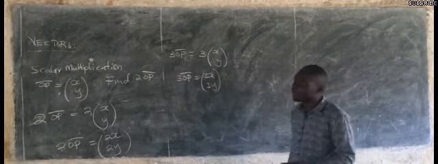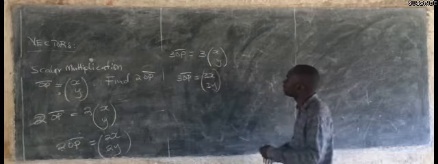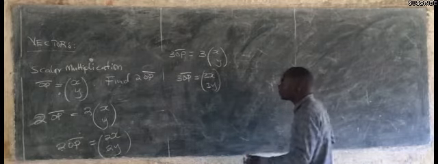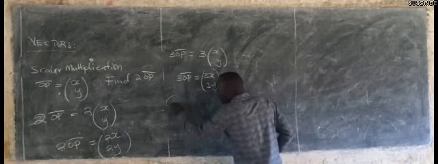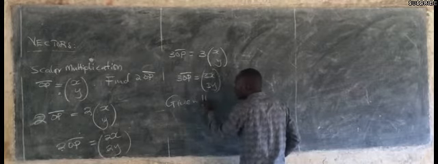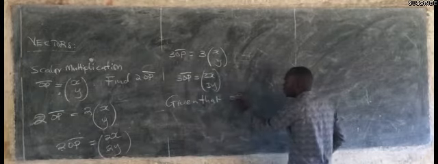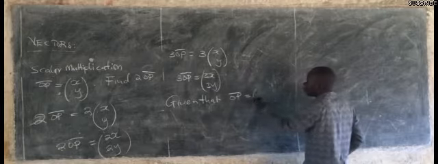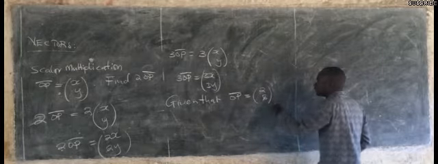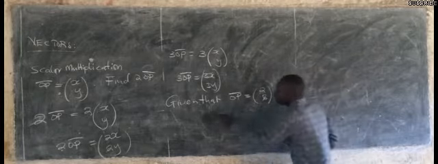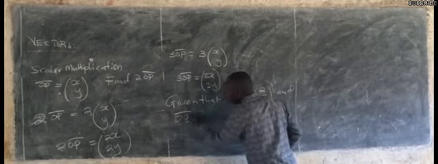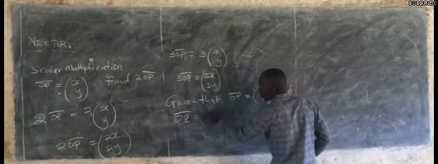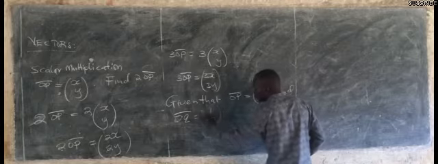So from scalar multiplication, we can look at different forms and then we can look at different examples. For instance, we can be given an example and it says, given that OP is equal to 2, 8, and OQ is equal to 1, negative 2.